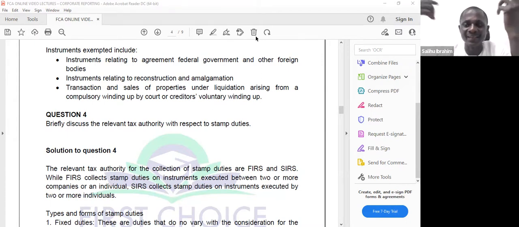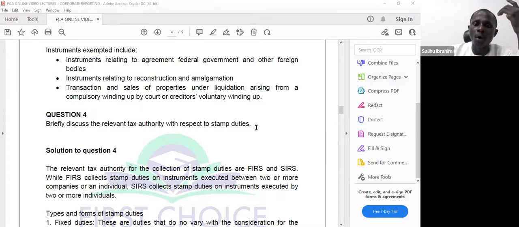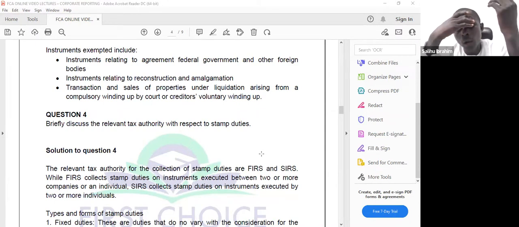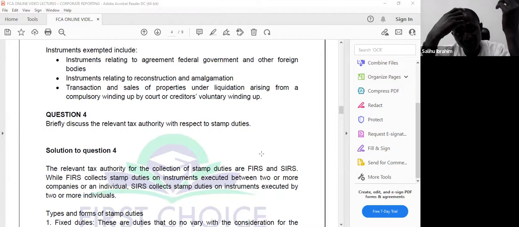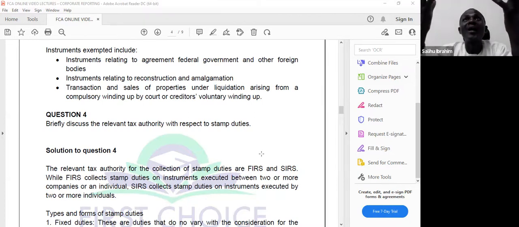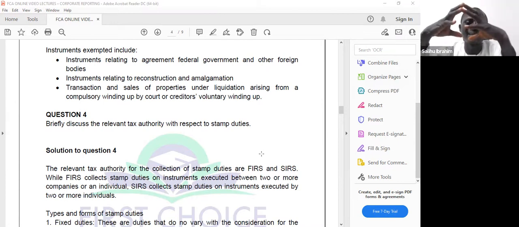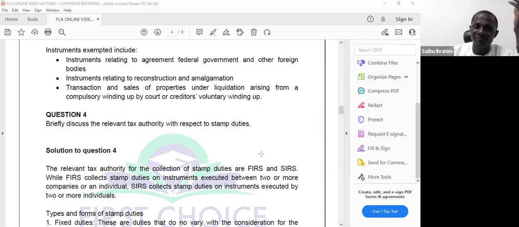So that is a situation where your stamp duty is payable to State Internal Revenue Service, where the document is coming between two or more individuals. But when you have a document that is being executed between individuals and a limited liability company, the stamp duty of that document is not payable to State Internal Revenue Service.